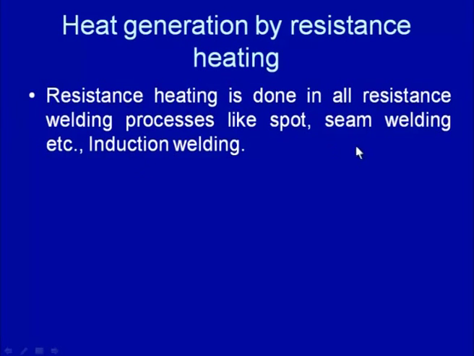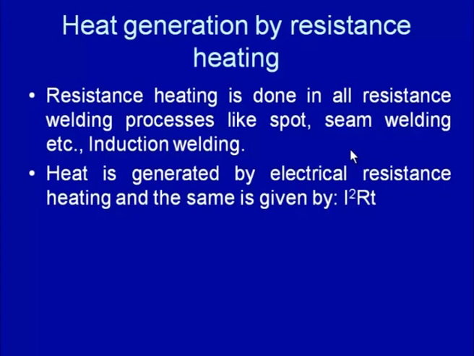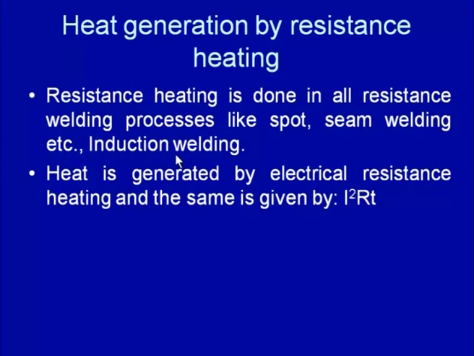This resistance heating is done in all welding processes which are mainly resistance heating based, like spot and seam welding, and in induction welding also the induced current causes the resistance heating, and the heat generated is used for either melting of the faying surfaces or for thermal softening.